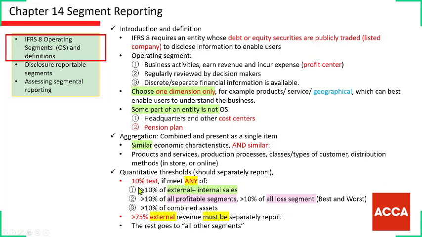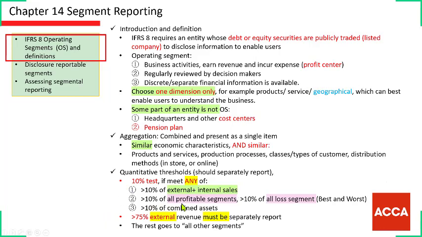First of all is the 10% test. If any one of the three criteria is met, then you will be fine. For example, if external plus internal sales, meaning all your booked sales, is higher than 10%, then this operation should be a reportable segment.